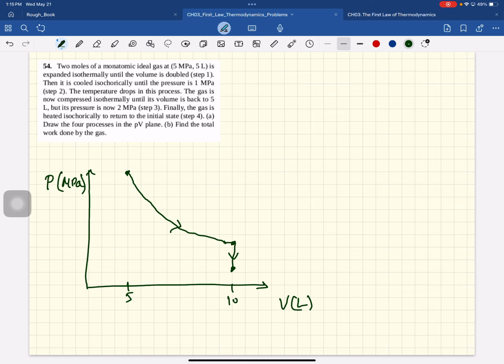And so this is 5, this is 1. I mean, I'm not drawing stuff to scale. The temperature drops in this process.